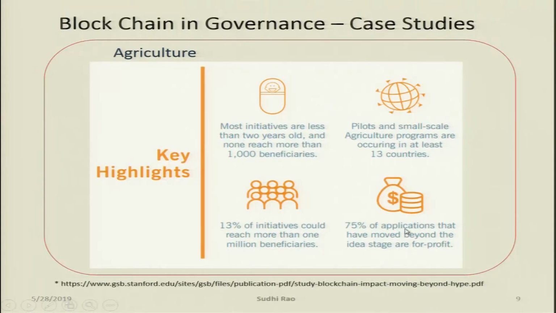Many companies are providing them key inputs like better quality seeds, better quality fertilizer, so that the yield can be increased, and they also have a commitment to buy back that yield. So, there are a lot of for profit organizations involved in agriculture, and it appears they are the most aggressive in leveraging blockchain. So, the majority of applications which are ready, which are beyond a pilot and are in use, are in this kind of for profit sector in agriculture.